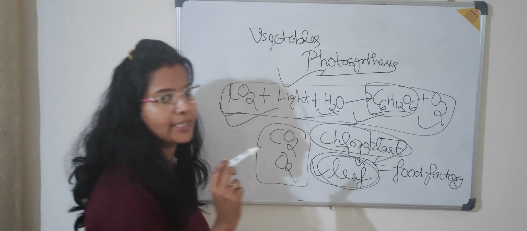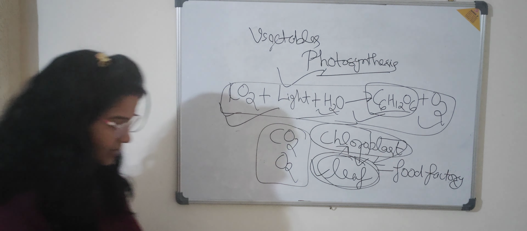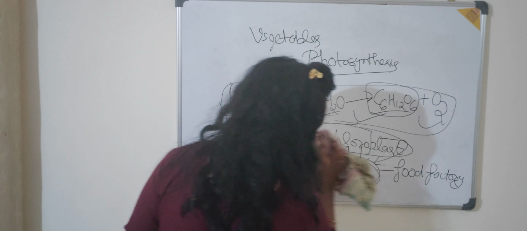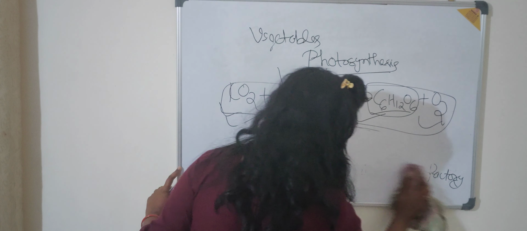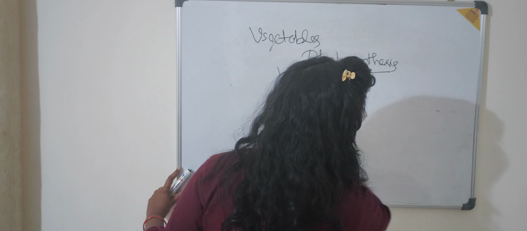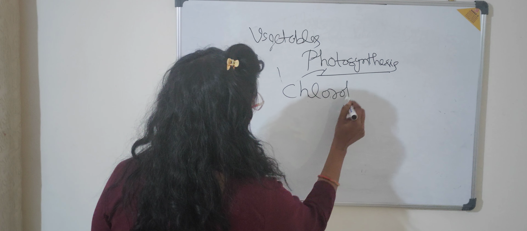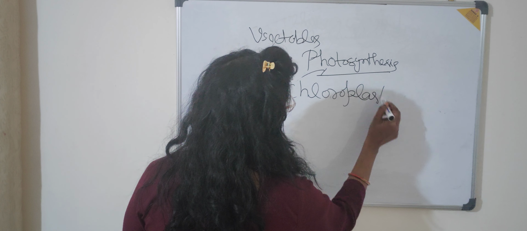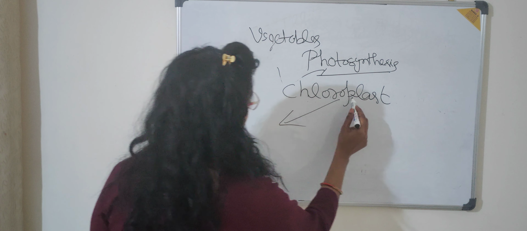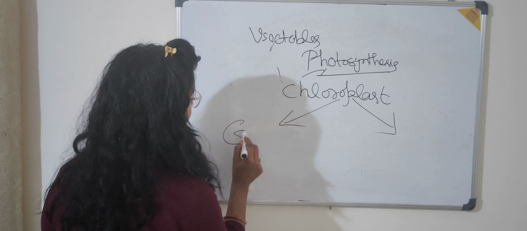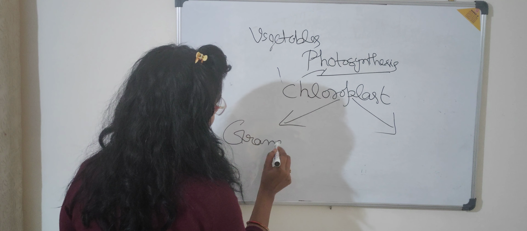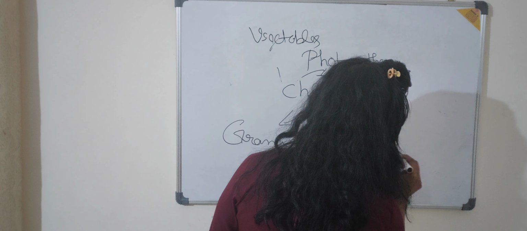So chloroplast has two kinds of structures. Let's talk about those structures. Chloroplast has two kinds of structures, that is grana and stroma.